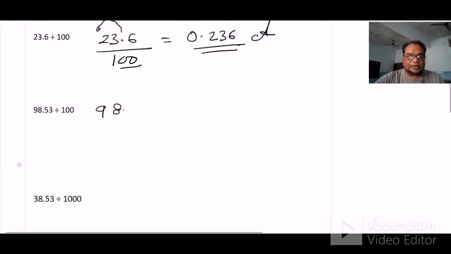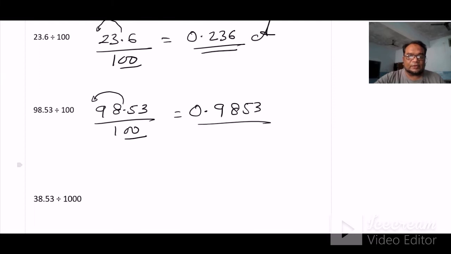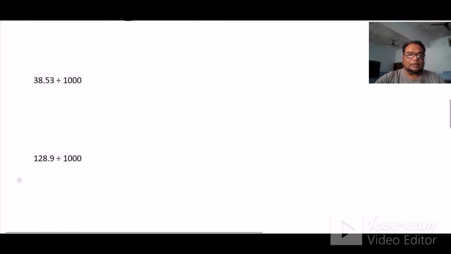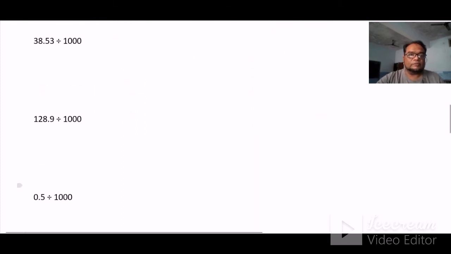Here 98.53 is divided by 100. In 100 there are 2 zeros, so the decimal is shifted 2 digits to the left hand side. So the answer becomes 0.9853. In the same method we will divide by 1000 also. So 38.53 divided by 1000.